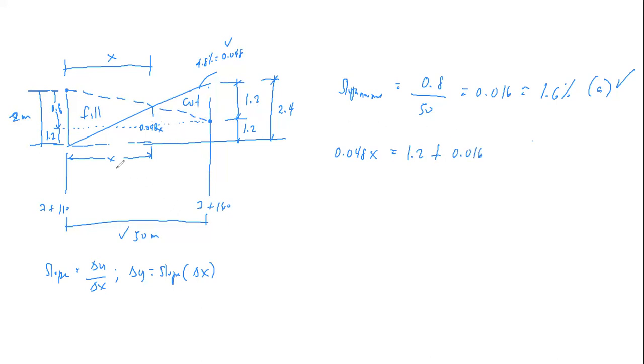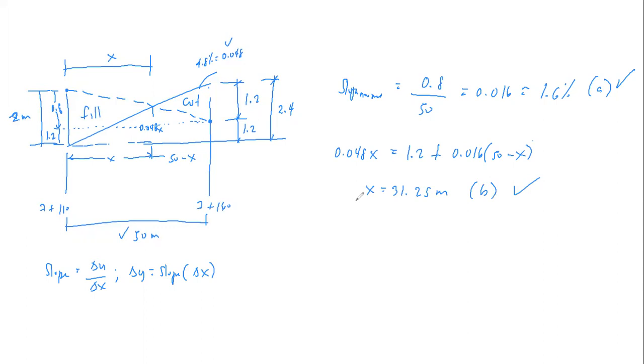If this is 50 and this is x, we expect this segment is 50 minus x. So times 50 minus x. Just solve for the value of x. This will give us 31.25 meters. So this is the answer to part B.